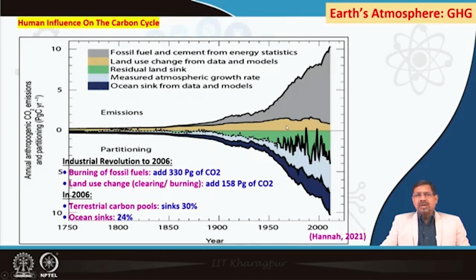And the second one, which is shown in terms of land use, land cover by the yellow-ash figures, is coming from land use change from various data and models, and this green one. So, these upper two are representing dominantly the anthropogenic impact or the human influence.